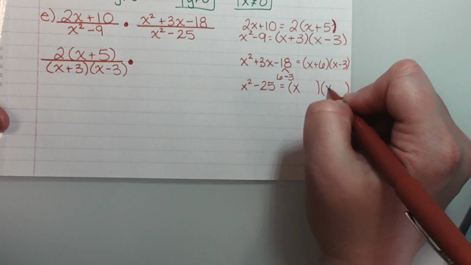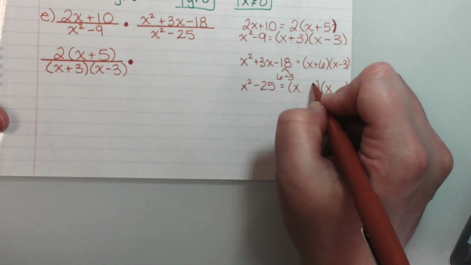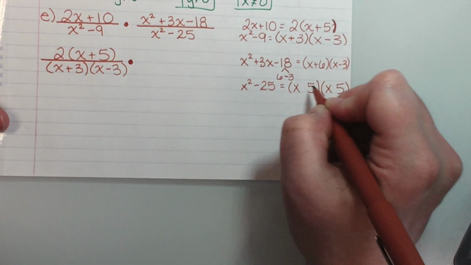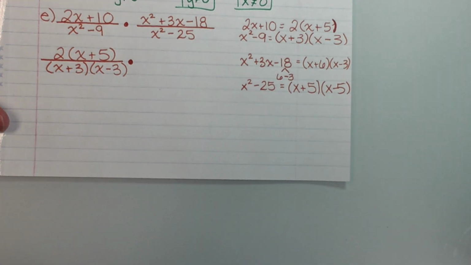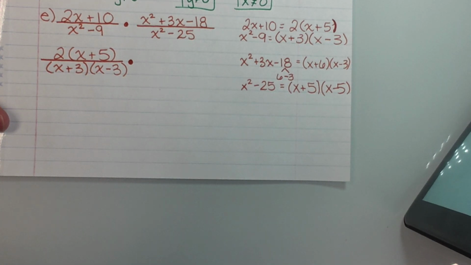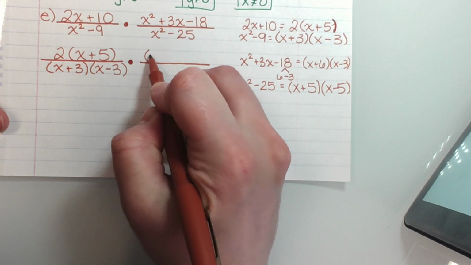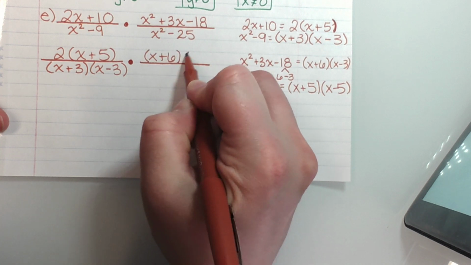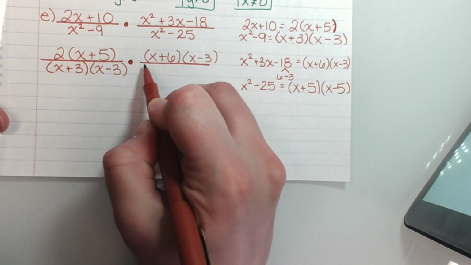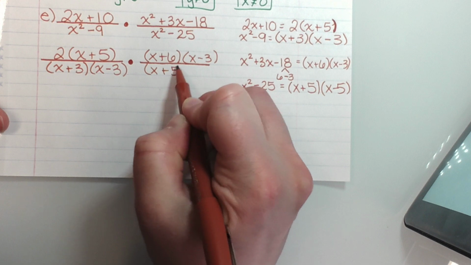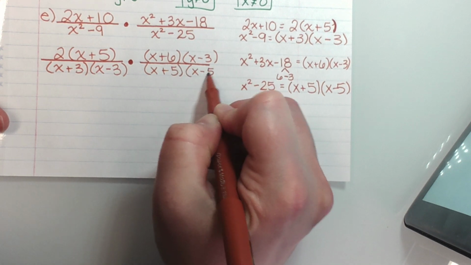The second thing that got squared to get the 25 was 5. One's a plus, one's a minus. So my second fraction, x plus 6, x minus 3 on top, x plus 5, x minus 5 on bottom.